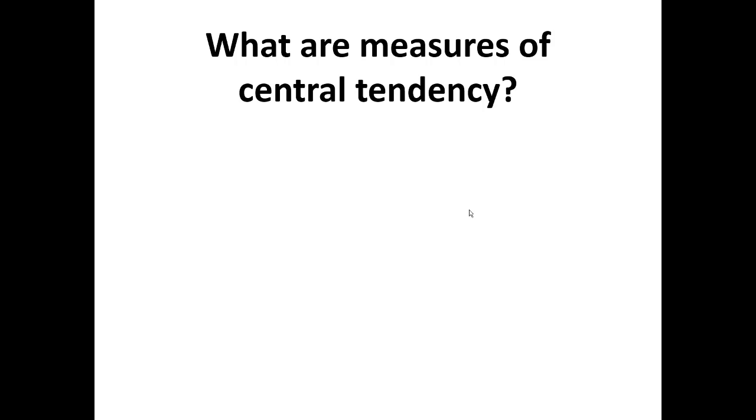We could also calculate things called measures of central tendency. When you see the word central tendency, this is a fancy way to say the middle, or middleness, if you will.